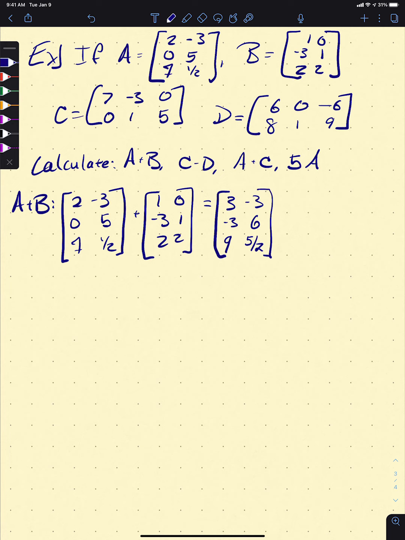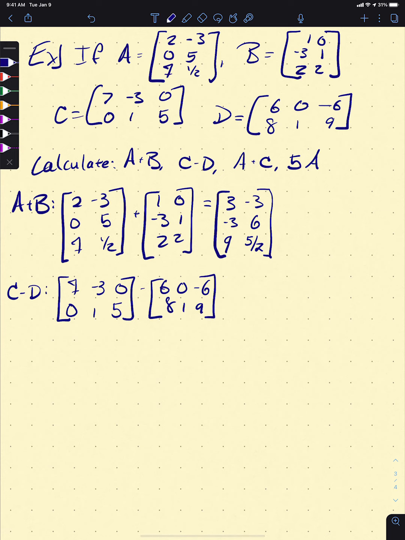Okay. What about C minus D? We'll need our matrices. 7, negative 3, 0, 0, 1, 5. And we're subtracting 6, 0, negative 6, 8, 1, 9. Okay. We're going to get a 2 by 3 matrix out the other side here.